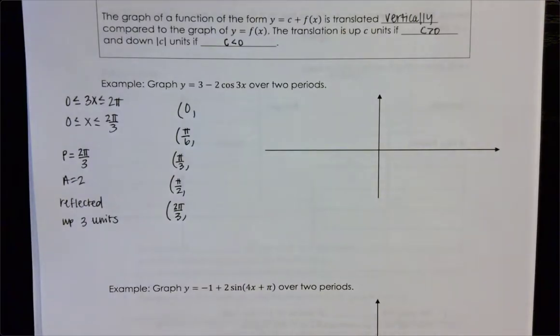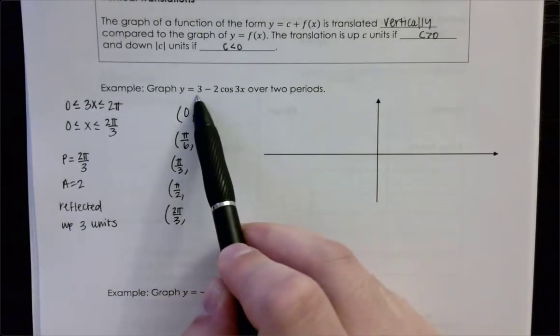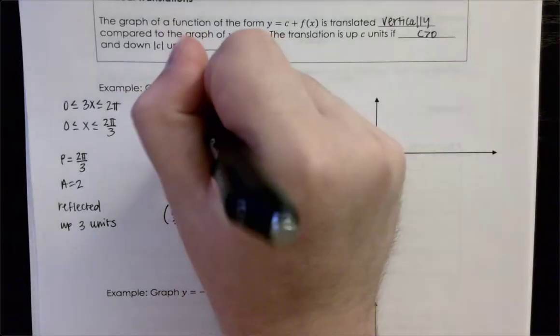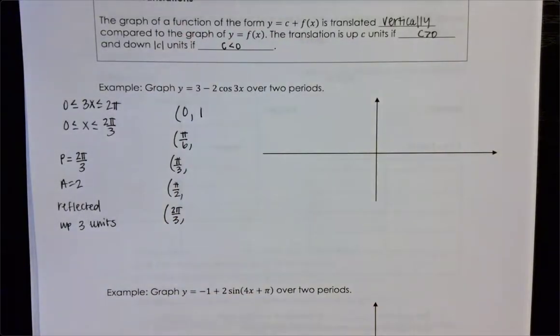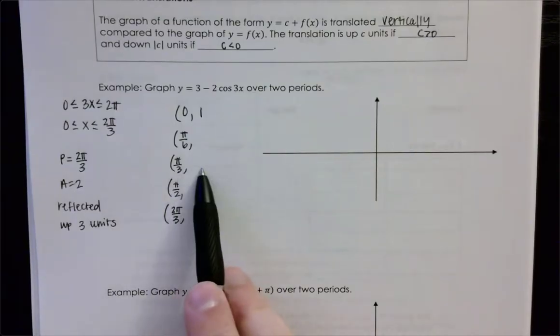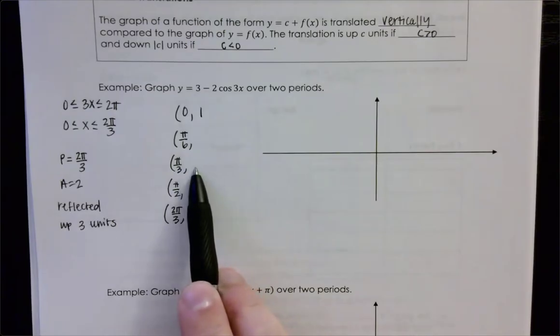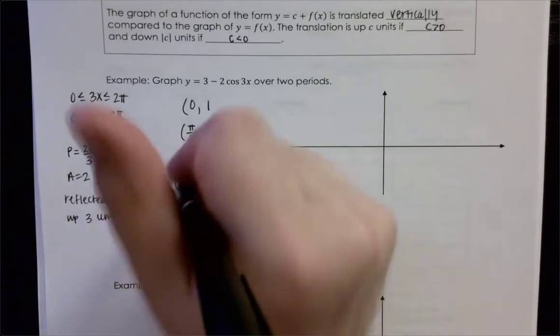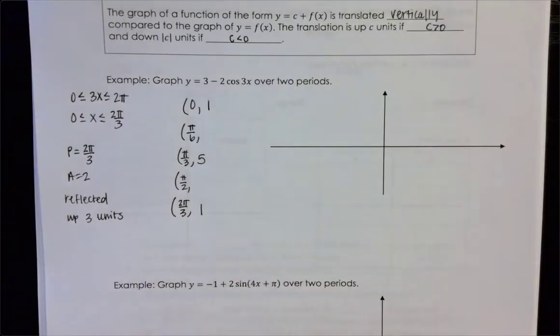Okay, cosine starts at a, which is 2, but has been reflected, so negative 2. And then it's been shifted up 3. So negative 2 plus 3 is 1. So starts at 1, ends at 1. Here would have been a negative 2, but it's been reflected, so it's positive 2 plus that vertical shift up 3 is 5.